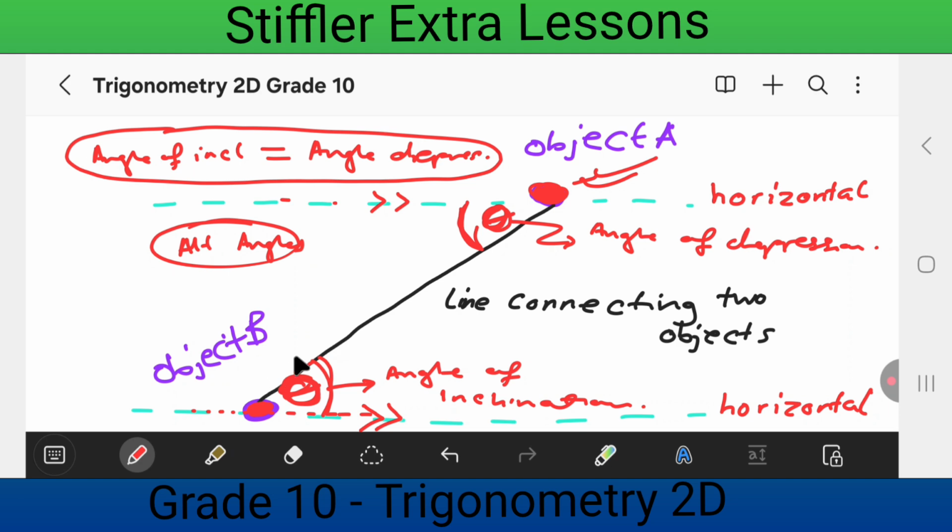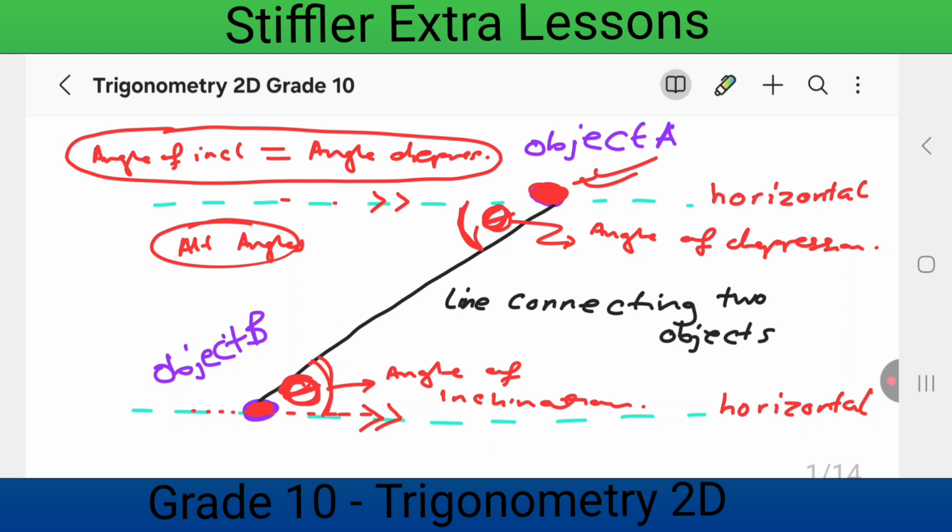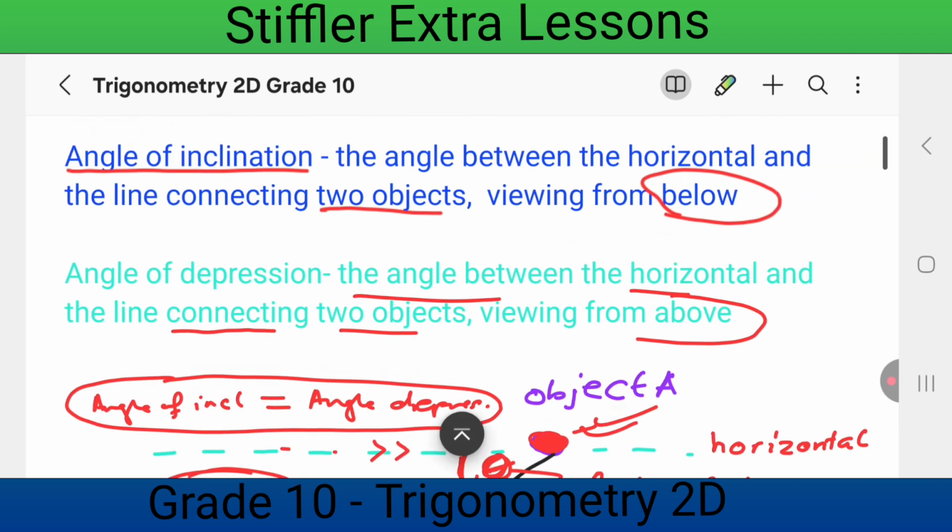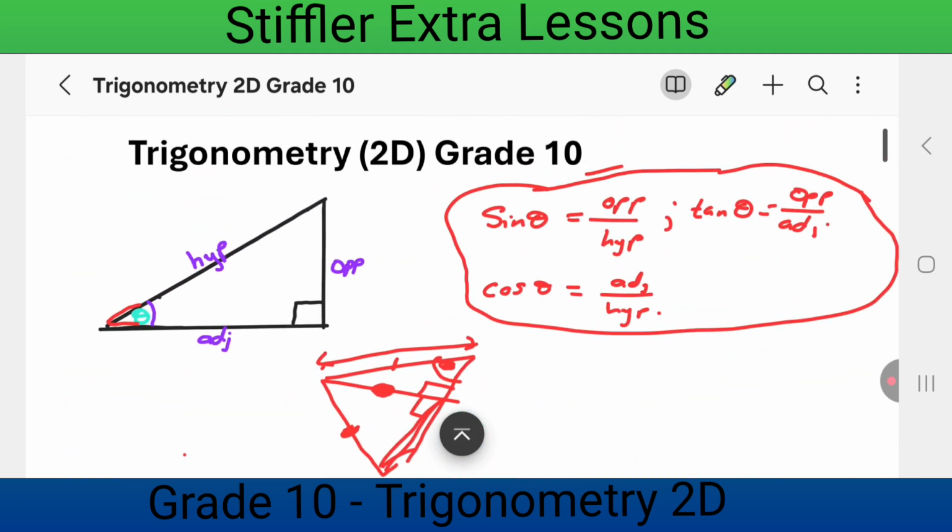So this is the information that you need to master this 2D as long as grade 10 is concerned. You just need to understand that sin theta is equal to opposite over hypotenuse, tan theta is equal to opposite over adjacent, cos theta is equal to adjacent over hypotenuse.